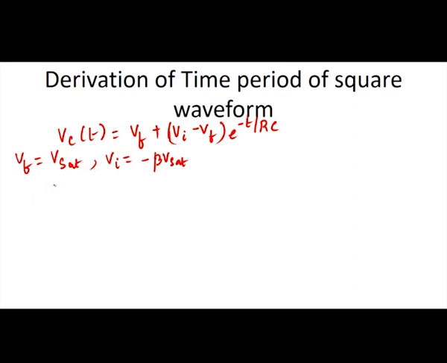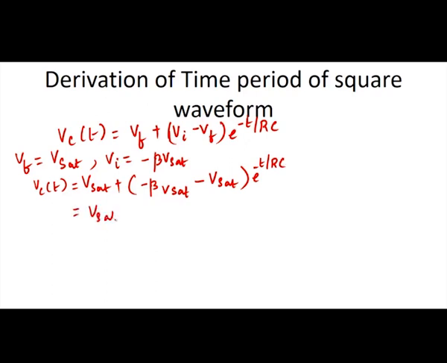Substitute these values in this equation: Vc of t is equal to V saturation plus minus beta V saturation minus final value V saturation into e power minus t by RC.